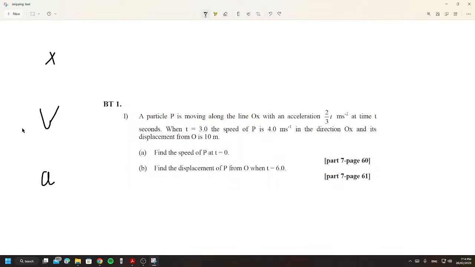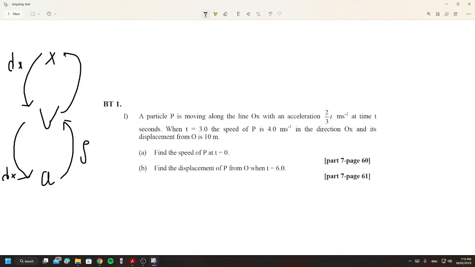So if you derive velocity, you're going to get acceleration. If you derive position, you're going to get velocity. If you integrate acceleration, you're going to get velocity. If you integrate velocity, you're going to get position. I'm pretty sure that's how it works. And yeah, that makes more sense now that I think about it. Okay.